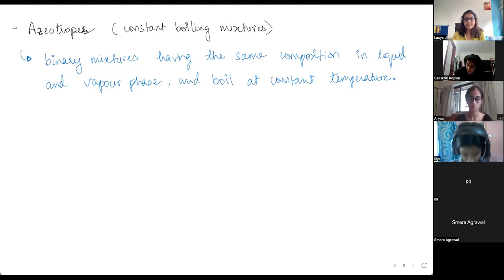Kaveri, Smera, or Sanskriti is still noting down.